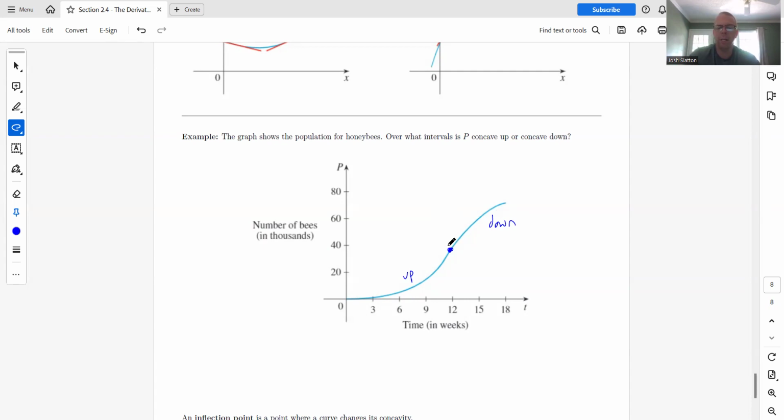It's usually about halfway between, but we'll say there. So it's concave up from 0 to 12, and then concave down from 12 to 18 in this case. And that last little note there is called an inflection point. An inflection point is just wherever it changes from concave up to concave down or vice versa.